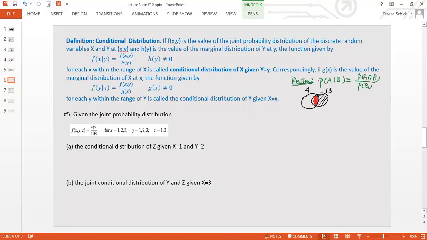That's why the conditional probability of A given B is equal to P of B on the bottom, and on the top A intersect B. The conditional distribution is exactly the same.